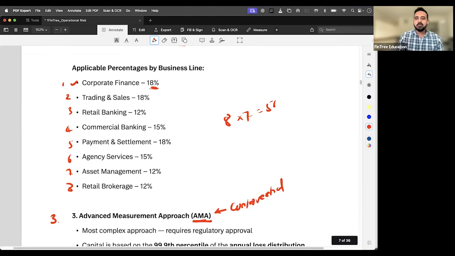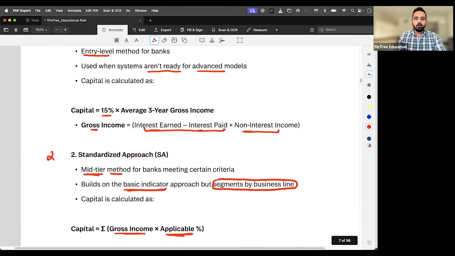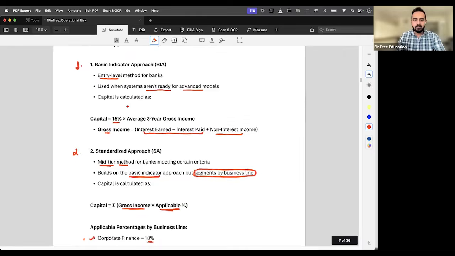Which means you would create 56 quadrants of sorts. So within corporate finance, for example, you will find risk coming from each of the 7 segments, and then you try to model your risk. So it became relatively more complex than the basic indicator approach. Don't need to memorize it. Just have an understanding of what is a standardized approach versus the BI approach.